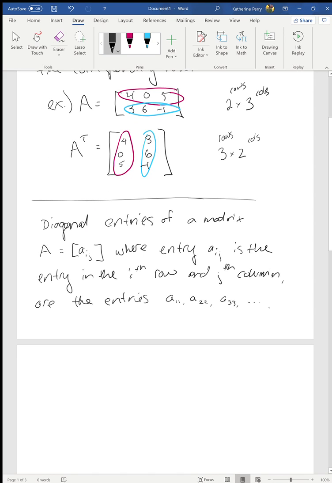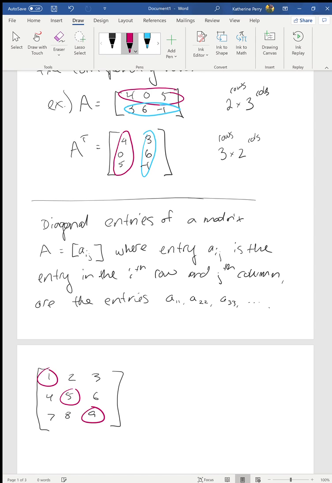So here, if this is my matrix, let's say 1, 2, 3, 4, 5, 6, 7, 8, 9, then the entries on the diagonal are just, here's entry A11, A22, A33. So it's the things on what's called the main diagonal.